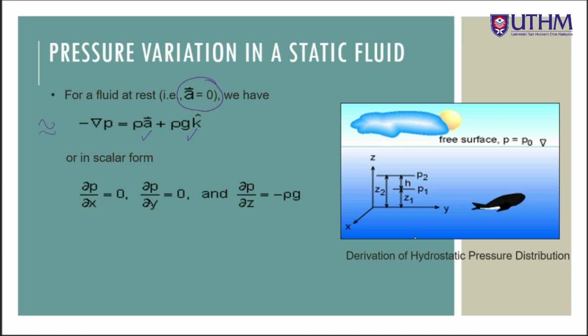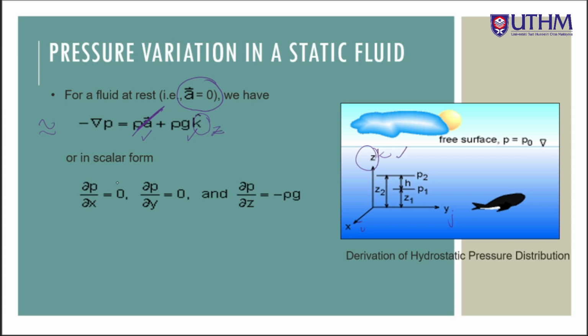K ni actually i, j, k. K represents the z direction in Cartesian. If the fluid is at rest, that is why kita padam benda ni. So apa yang kita nampak, pressure variation in a static fluid only depends on k, ataupun kat sini z direction.